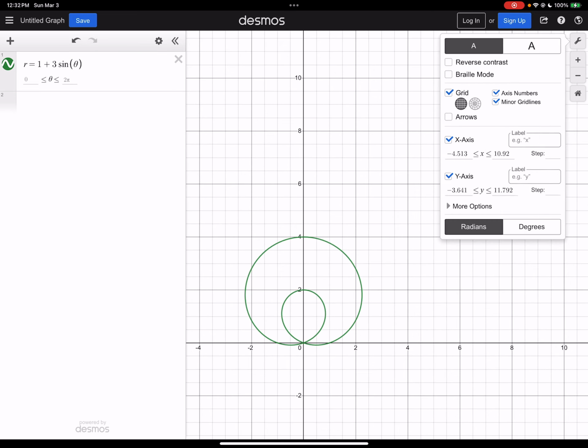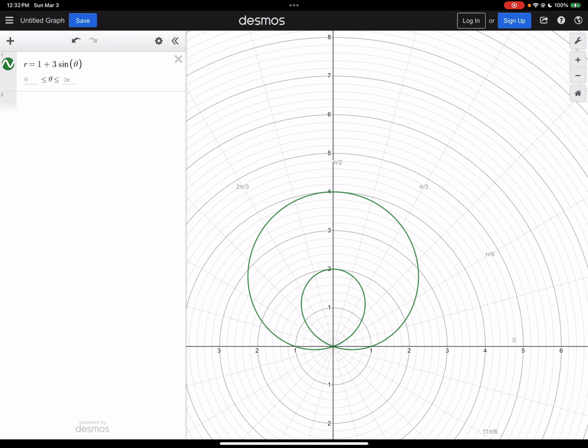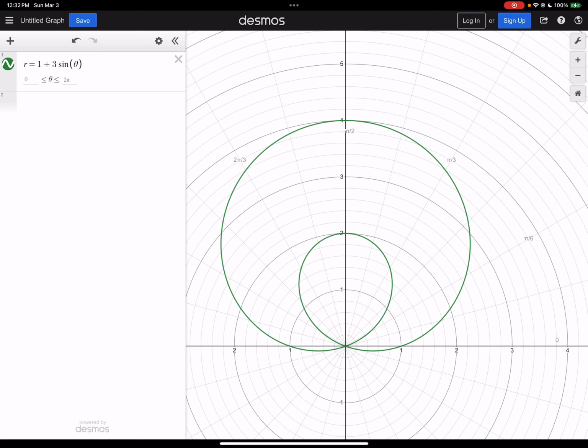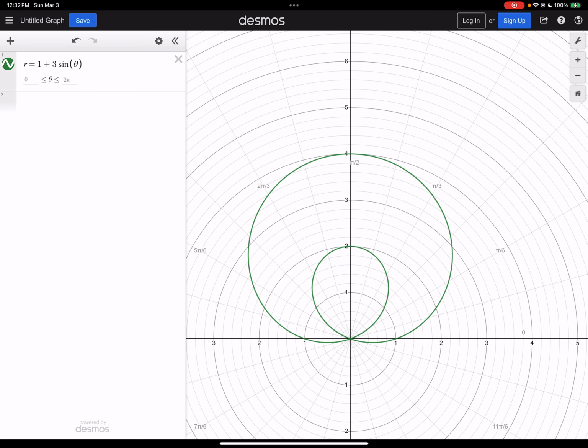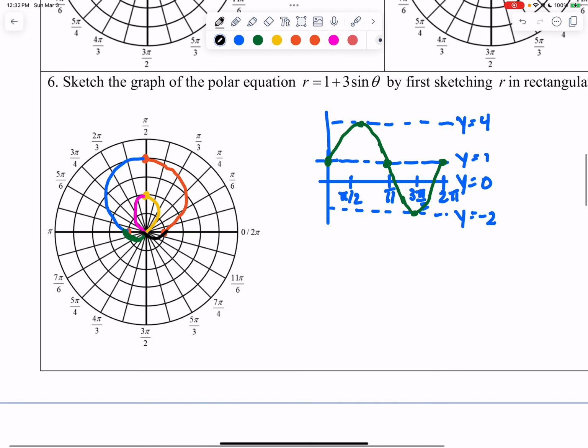Make this into a rectangular grid and see how we kind of graph this from, let's say, what was our thing? Like -5 to 5? Yeah, so it kind of looks like that lovely thing right there, which is what we drew right here. Mine isn't the best, but you know, it is what it is. Okay.